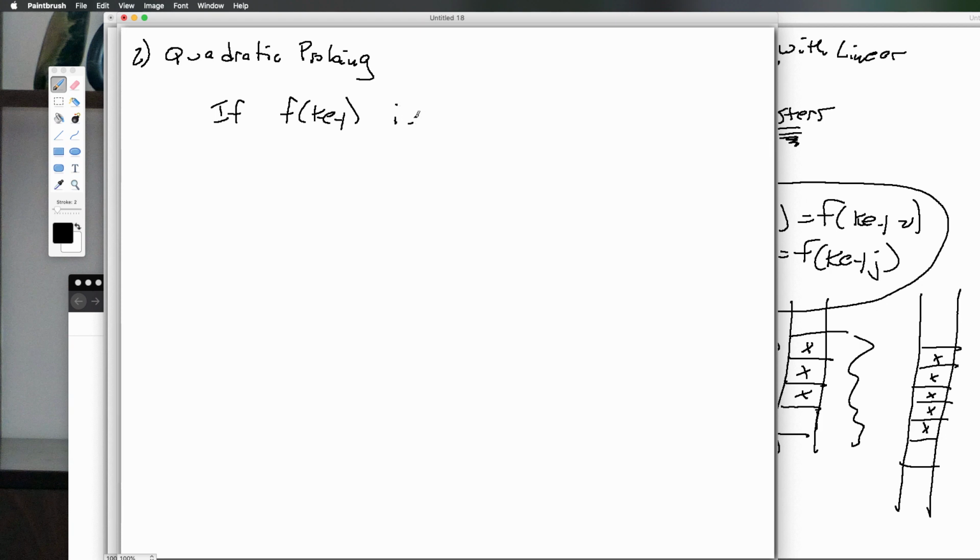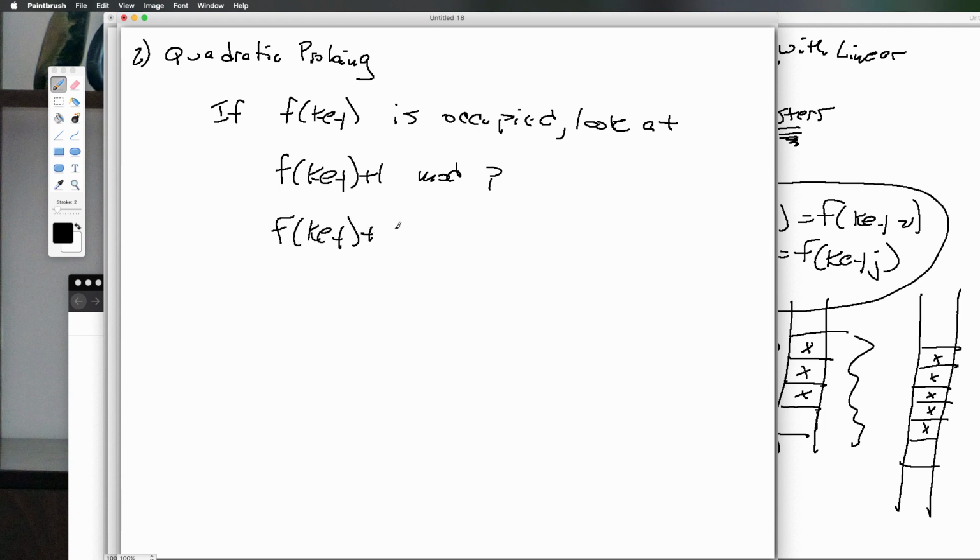If f of key is occupied, look at f of key plus 1 mod p, f of key plus 4 mod p, f of key plus 9 mod p.